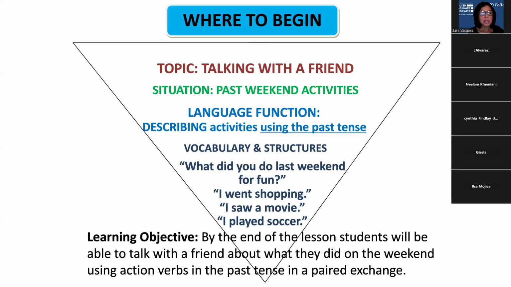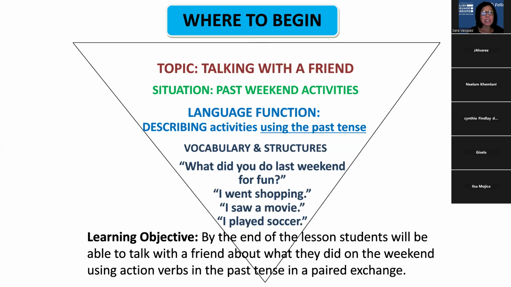So Joelle, do you see what our topic is? So our main topic is talking with a friend, right? Exactly, yes. And then what situation? So in this case it is the weekend, activities on the weekend. Exactly.